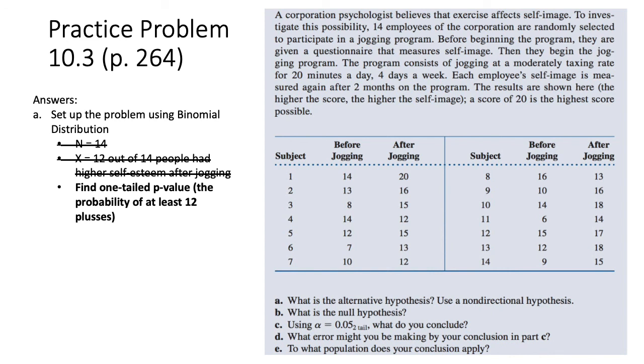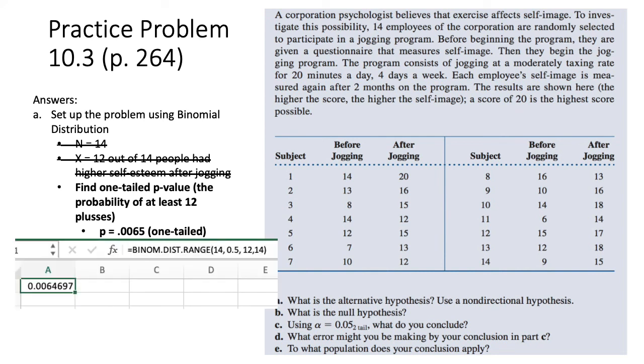Let's start with the one-tailed p-value. It turns out to be approximately 0.0065. Now, how did I get that? Here's where Excel comes in. I use BINOM.DIST.RANGE. Remember, the first number is the number of trials, that's n. The second number is the p parameter of the binomial, that's 0.5 for our null hypothesis.